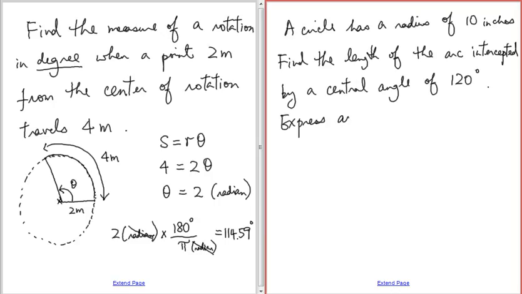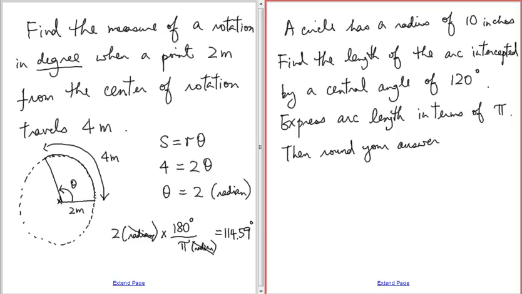Express arc length in terms of pi. Then round your answer to 2 decimal places. So this time the question is giving you a very clear instruction.